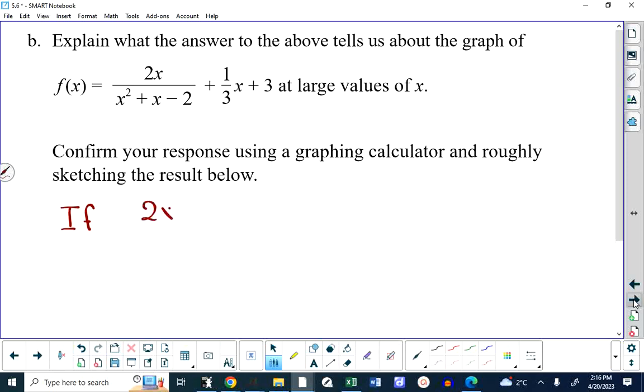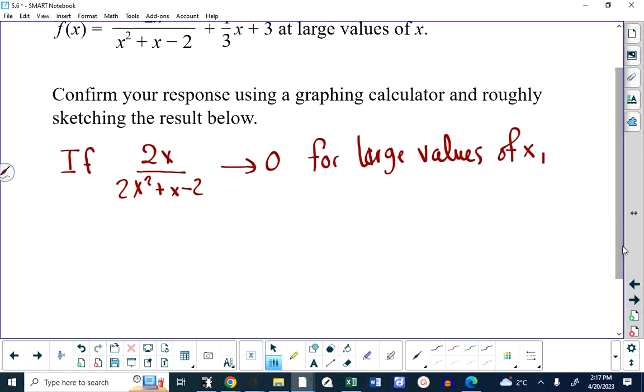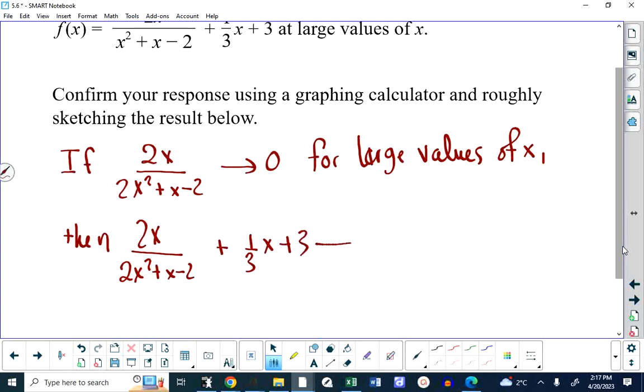If 2x over 2x squared plus x minus 2 approaches 0 for large values of x, then 2x over 2x squared plus x minus 2 plus 1/3 x plus 3 approaches 1/3 x plus 3 for large values of x.